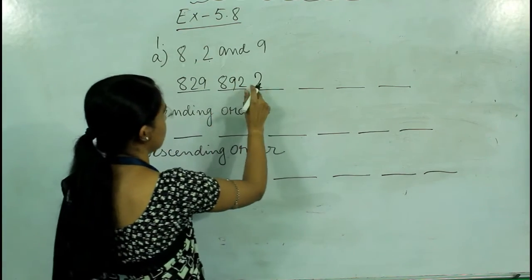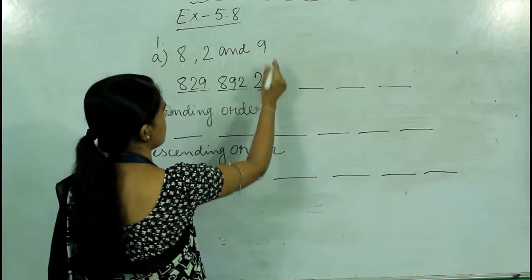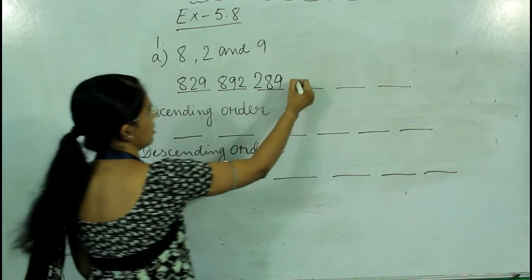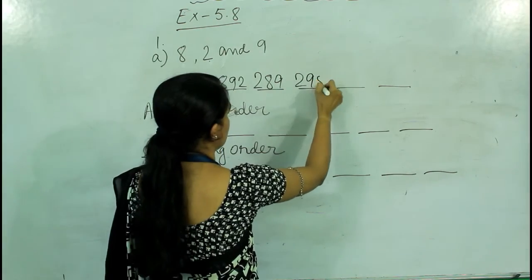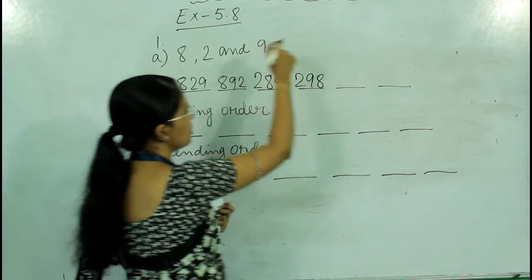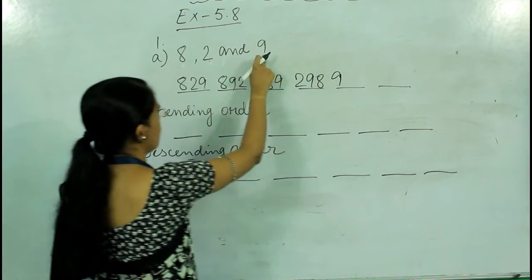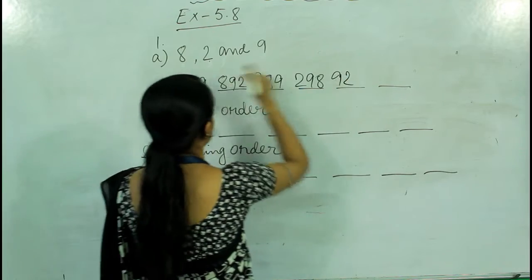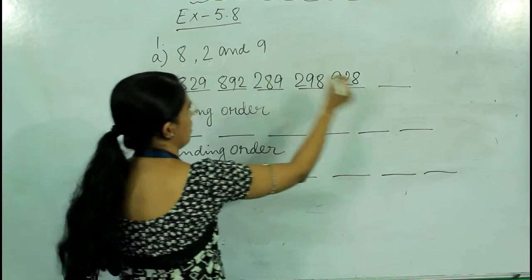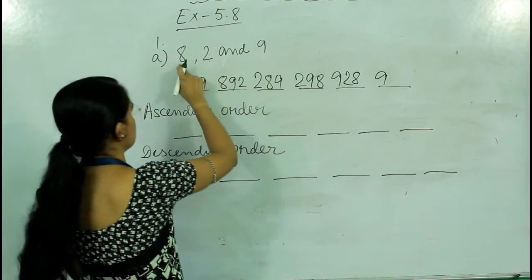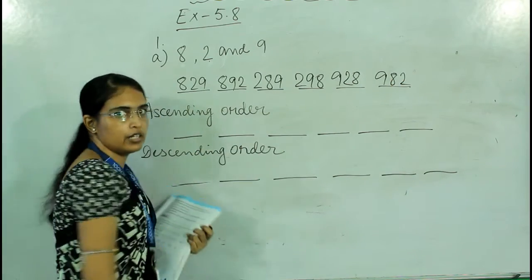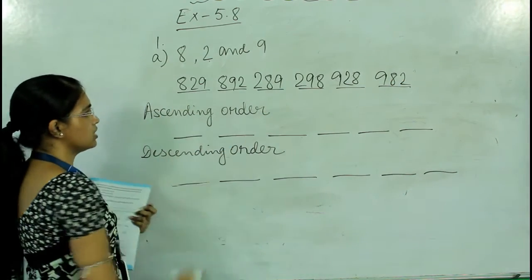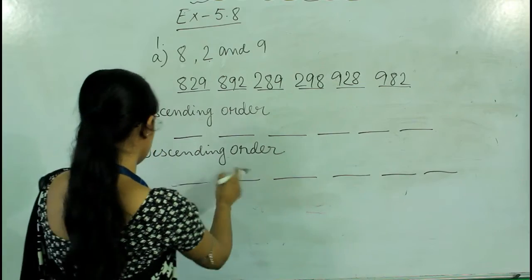First I have written 2, then 8, then 9, then again 2, 9, then 8. Then I will go to 9. I have written 9 first, then 2, then 8. Again I have written 9 at the first, then 8, then 2. In this way we can form different numbers. Now we have to arrange these in ascending order and descending order.